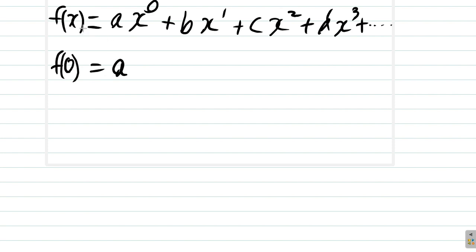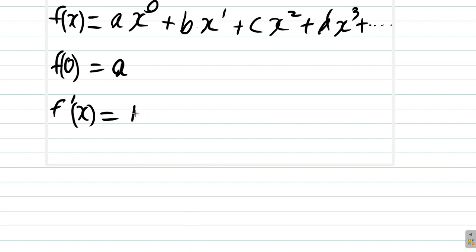So, whatever function we have, we put 0 for x in it and we get a. So we found a. How do you find b? Well, what you could do is find f prime of x. This goes to 0 because a is a constant, and the derivative of a constant is 0. But this now is going to be, remember the power rule, you multiply the power by the coefficient, then you subtract 1 from the old power to get the new power.